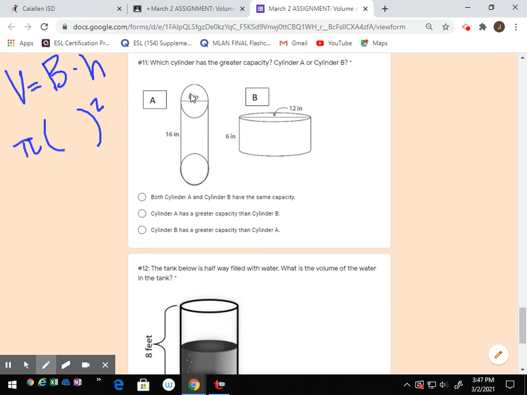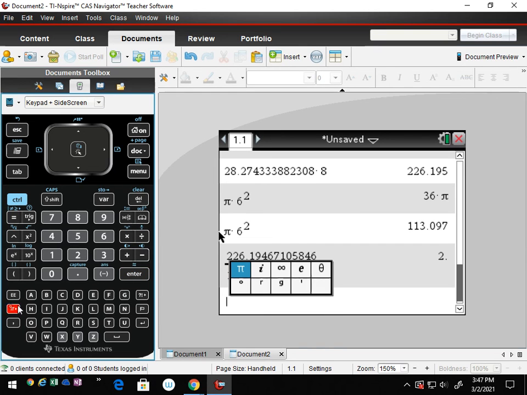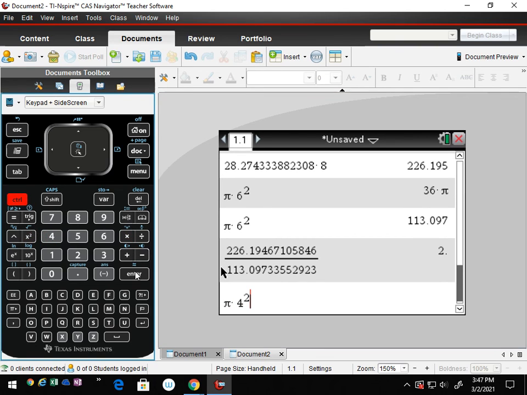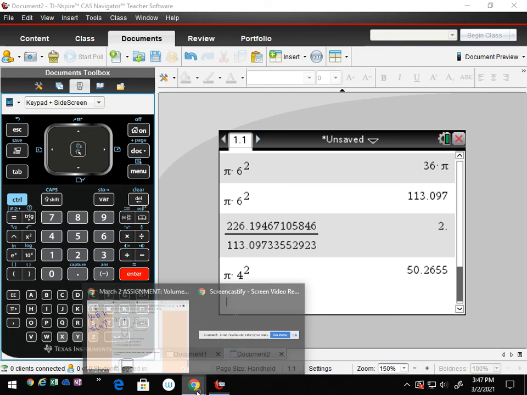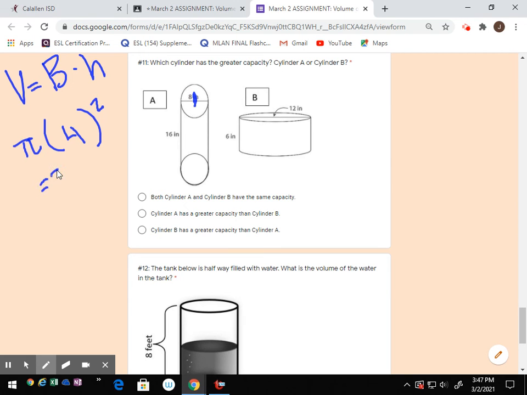Let's do A real quick. For the radius of A, we see that the diameter is 8, so half of 8 is 4. So pi times 4 squared gives 50.3. Now the volume is equal to 50.3 times our height, which is 16.